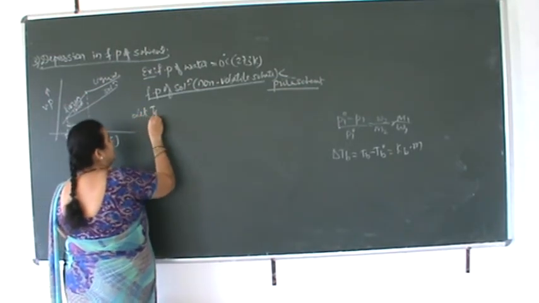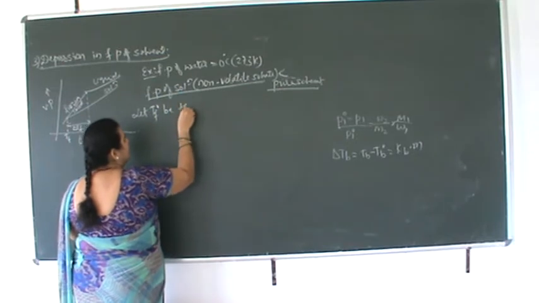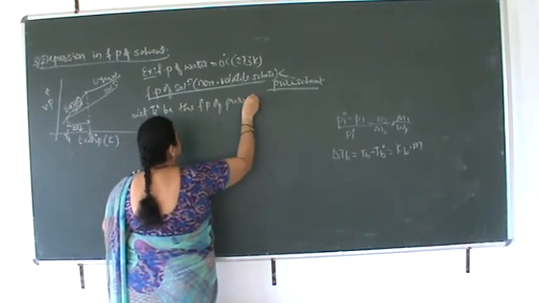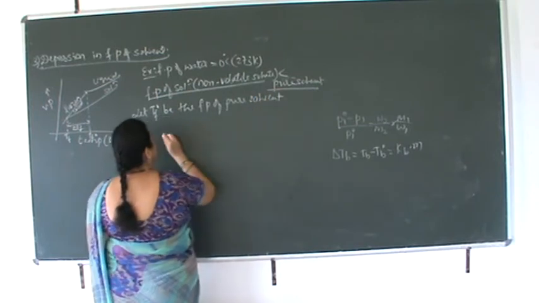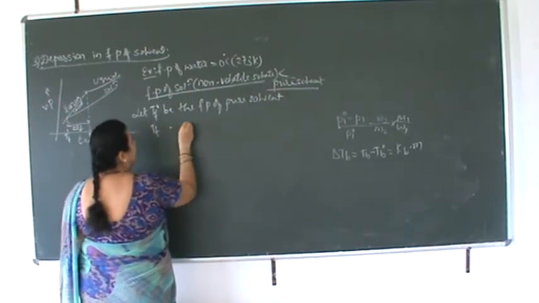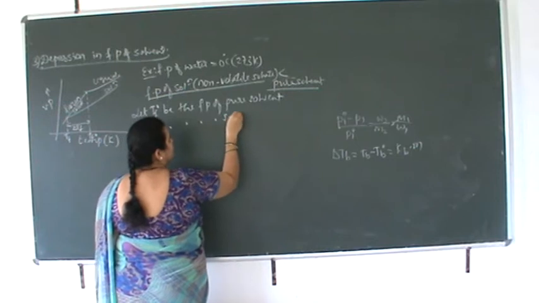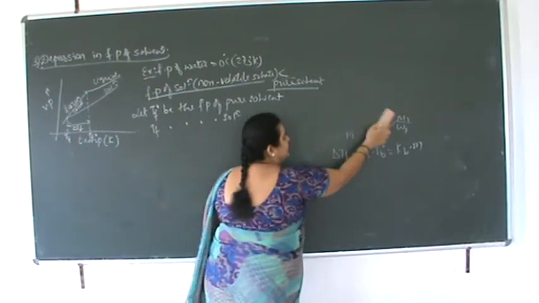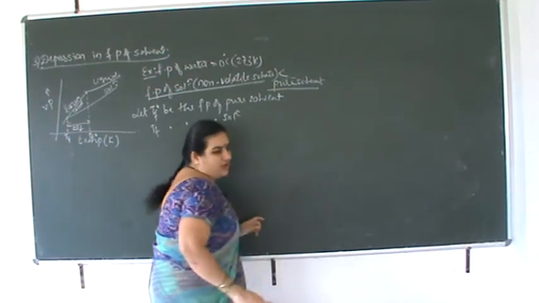Let TF naught be the freezing point of pure solvent and TF be the freezing point of the solution prepared by dissolving a non-volatile solute in a volatile solvent.